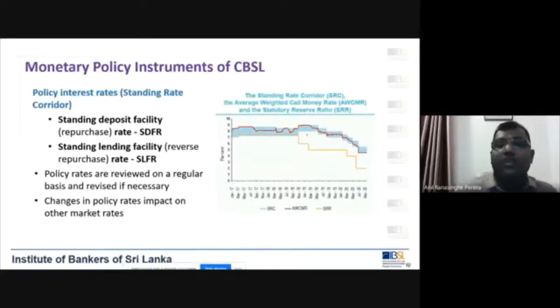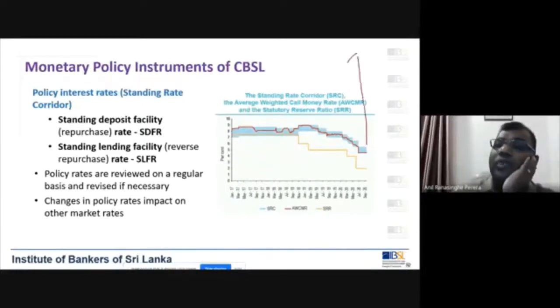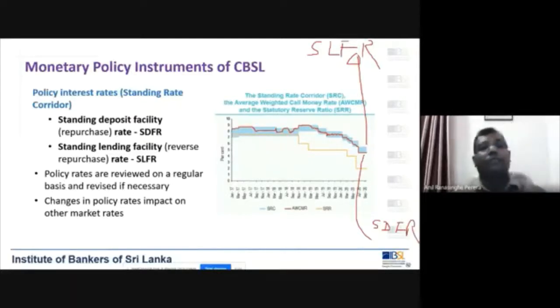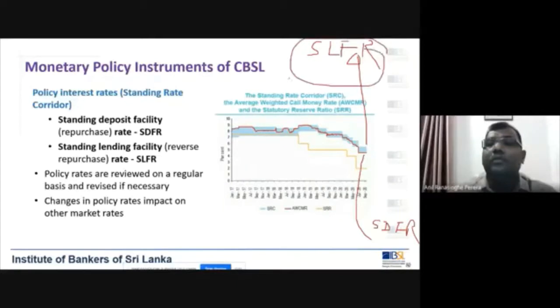This blue line corridor is the interest rate corridor, the policy rates that we have. The upper bound of the blue corridor, you call it SLFR. The lower bound of the corridor, you call it SDFR. I'll define them. What are these rates? SLFR, the upper bound, is used to inject money.